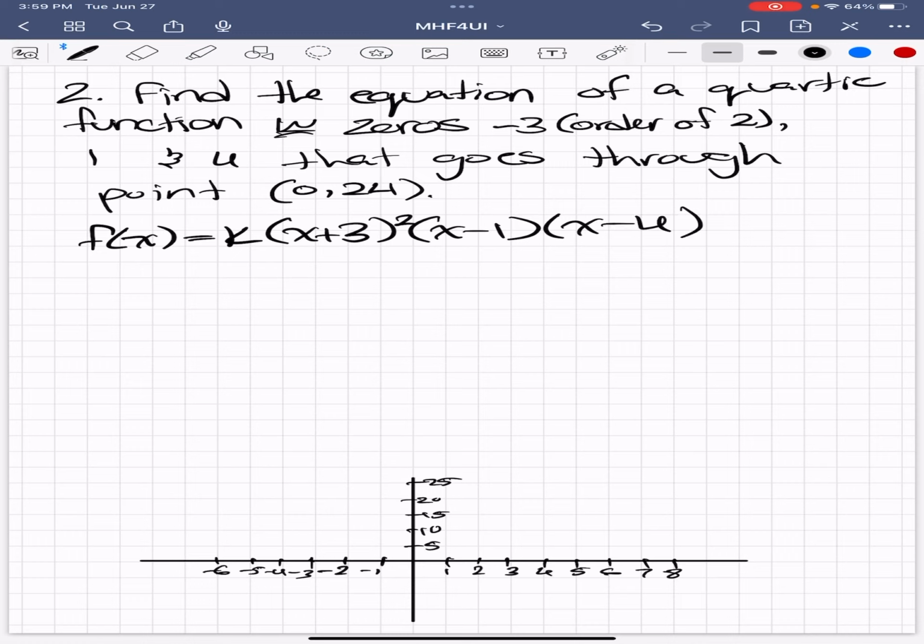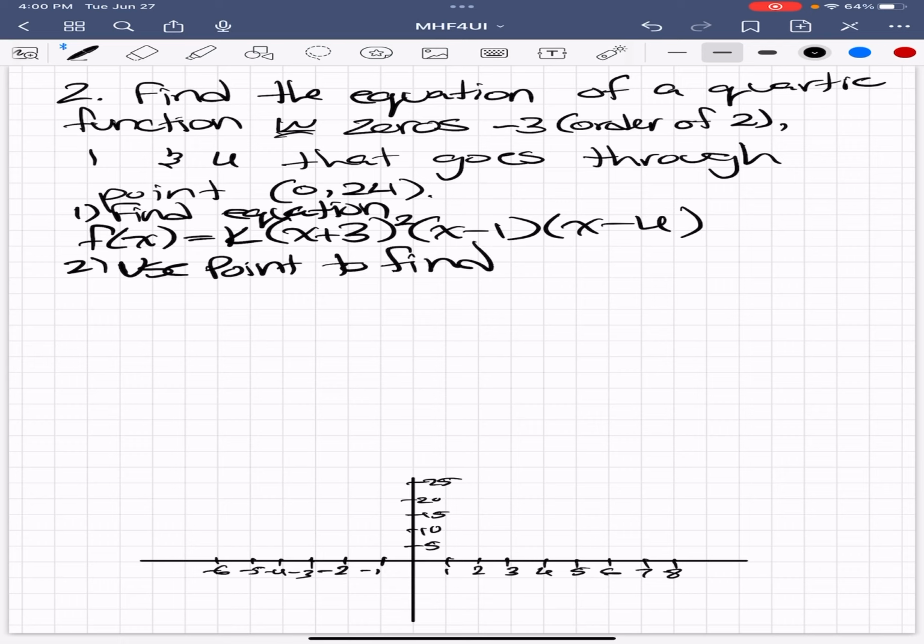And as you can see, the operational sign changes when you input it into the brackets. And now that we have that, we're going to use (0, 24) to find k.